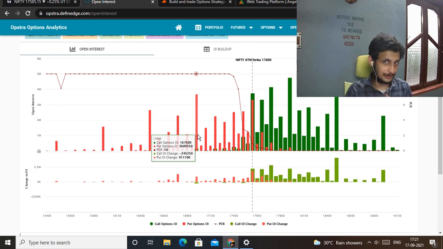It's not 400, it's not equidistant. Okay, 600 points below, till 17,000, we have a fear that the market may fall till 17,000. It may touch, it may make a low even at 17,000. Okay, so this is the view we are getting from the market. This is the prediction that we are deriving from the market.